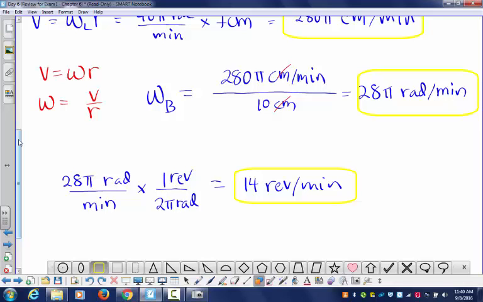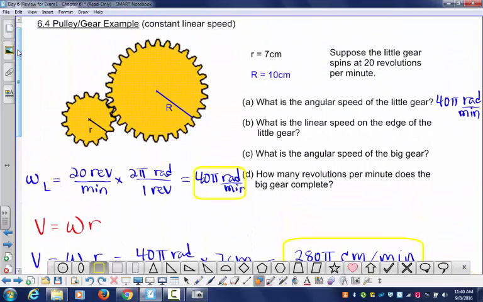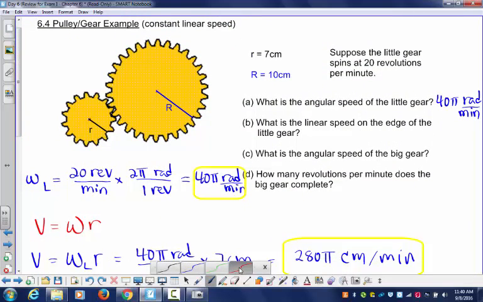And then the check on this, I'll ask you for each of those 4 along the way on the problem. And then our check is this. So this is 7, this is 10. So we can form a ratio of 7/10 or 10/7, it doesn't matter. Let's just form that for a minute. And we're told that the little one is spinning at 20 revolutions per minute. The big one is spinning slower, right?